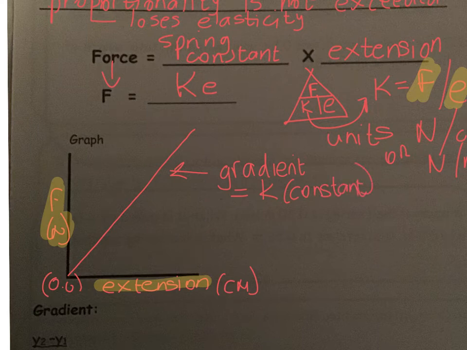Remember, we can find the gradient by choosing 2 points and using the formula y2 minus y1 divided by x2 minus x1.